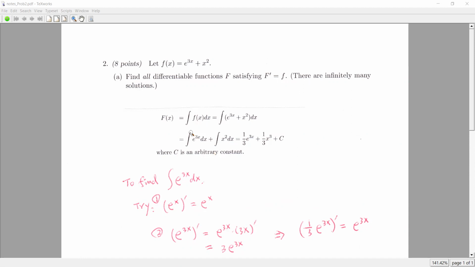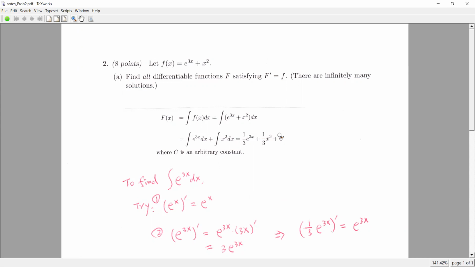So this integral is equal to this. X squared antiderivative is 1 over 3 times x to the third. If you take the derivative of this guy, then the derivative is x squared.